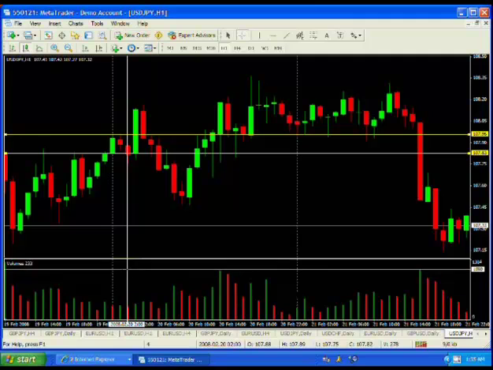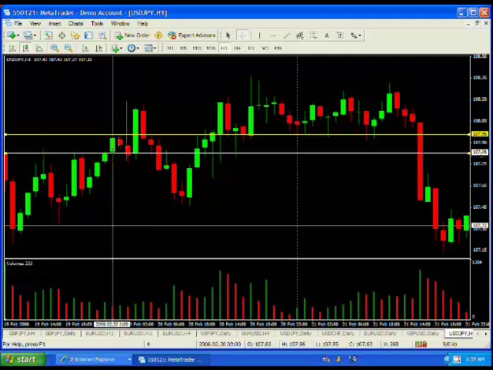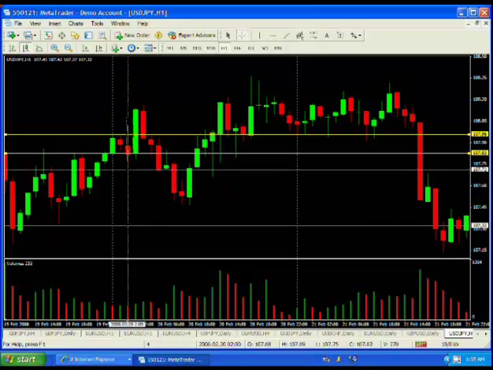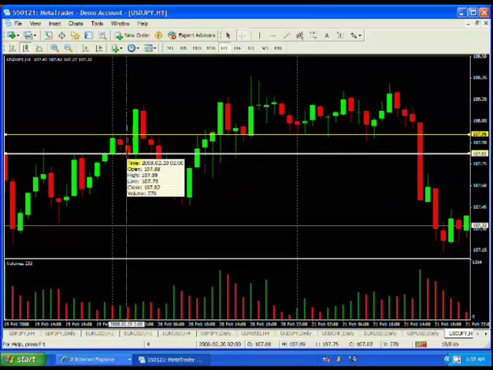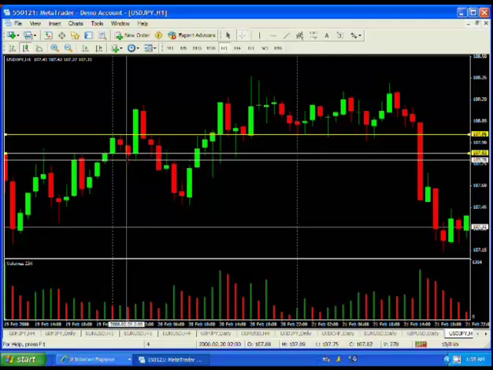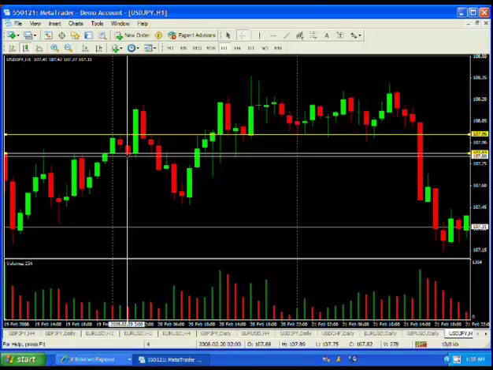The low on this opening range bar is 107.83, and the close of this down bar that broke the range is 107.82. So 1 pip below the open range on lower volume. Okay, that tells us that's not a valid short signal for the open range.